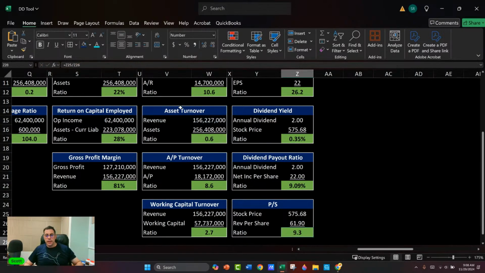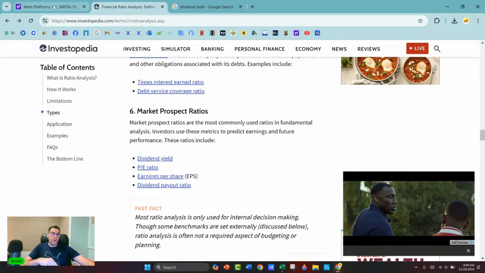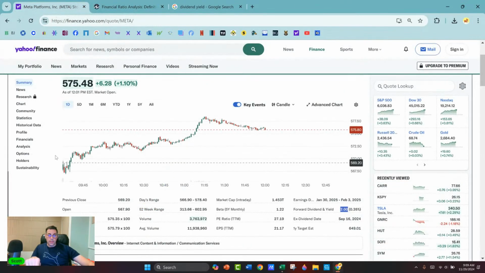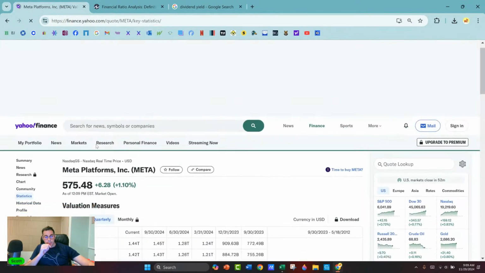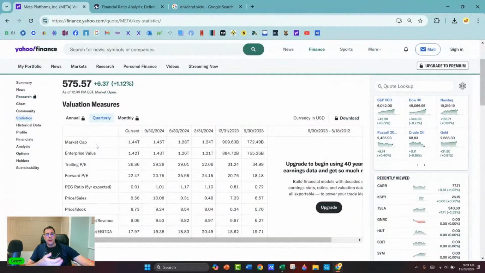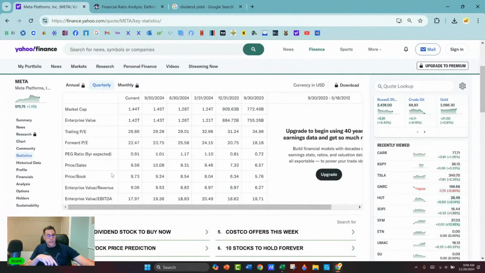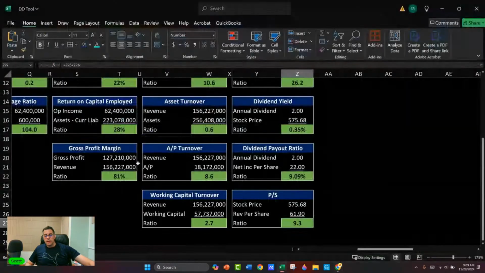You could always check to make sure you did it right, and also make sure Yahoo Finance is doing it right. I thought I found an error earlier, but then I realized it was my error. I didn't realize I was missing some info. Price sales 9.56, 9.3.